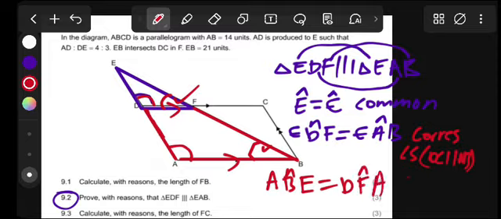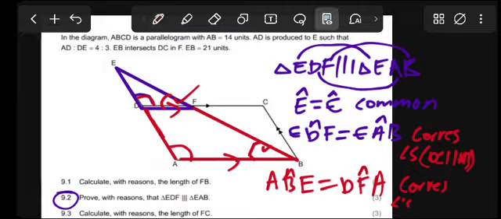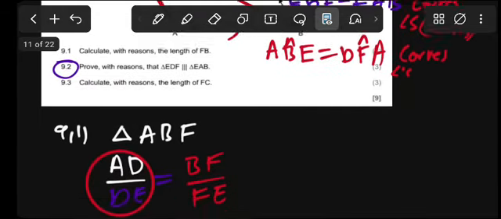The reason still is corresponding angles because BF is parallel to AD. So this is how we prove. That is how we go about. We have proved that now.